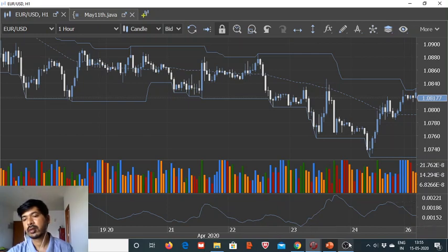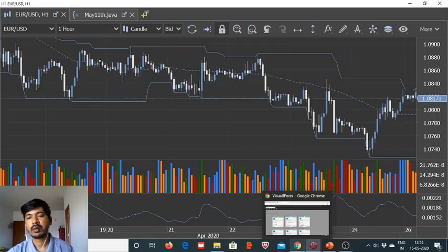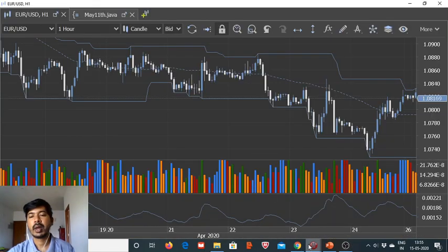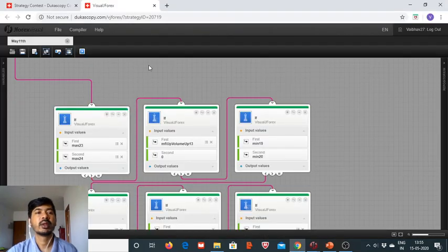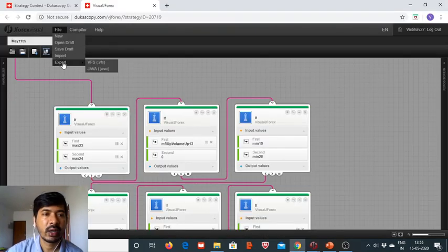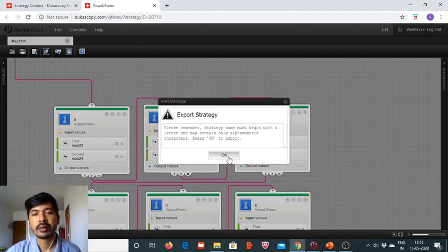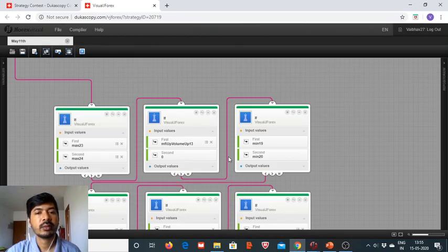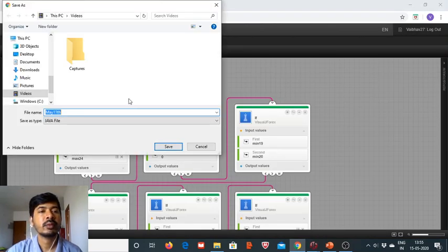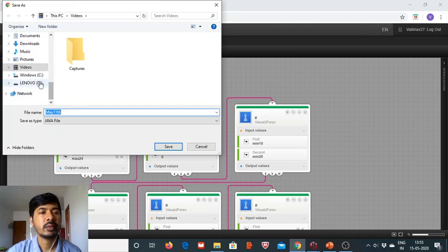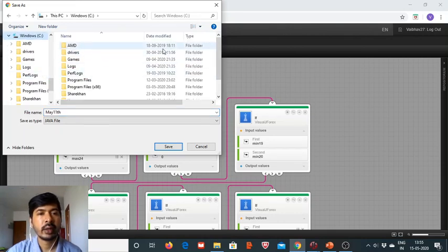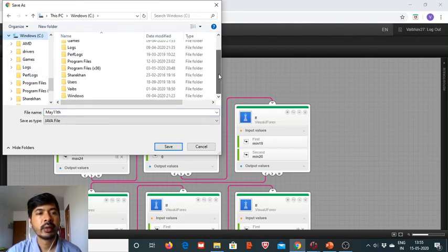Okay, so here we go back to the platform, we save the file and we export the file in Java.